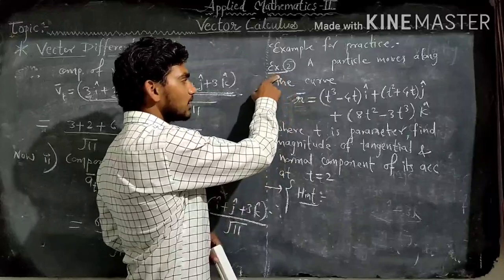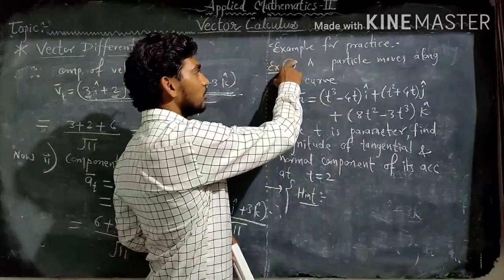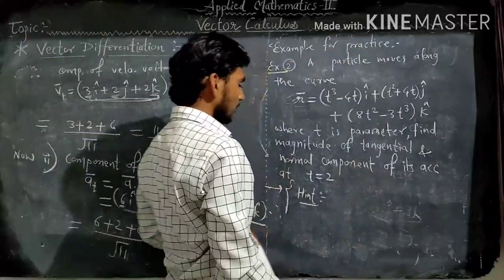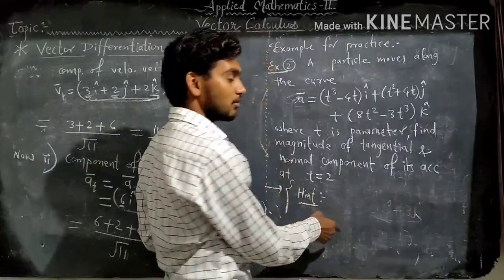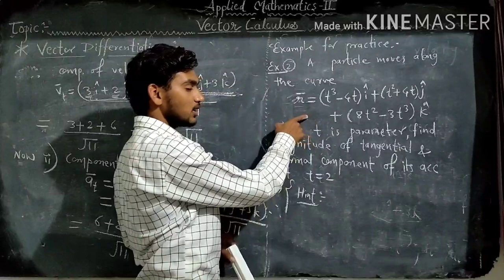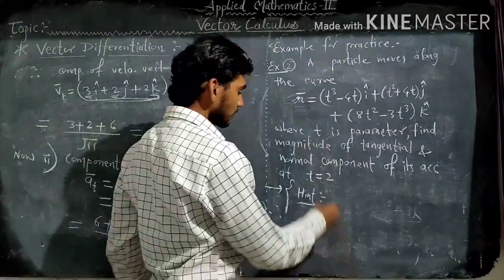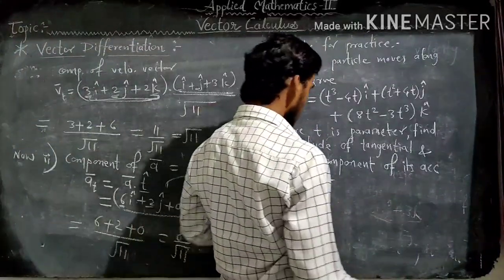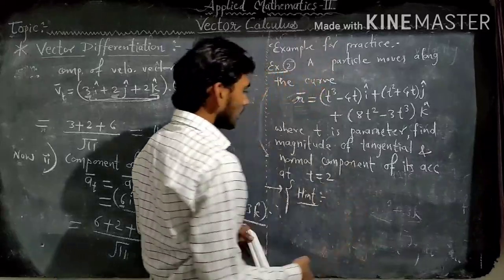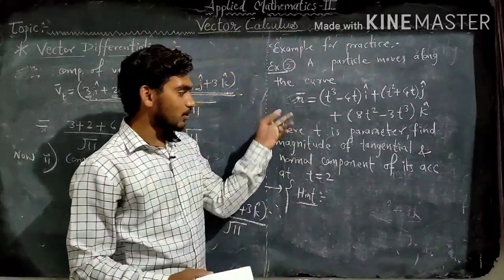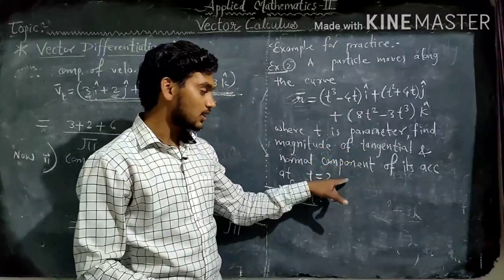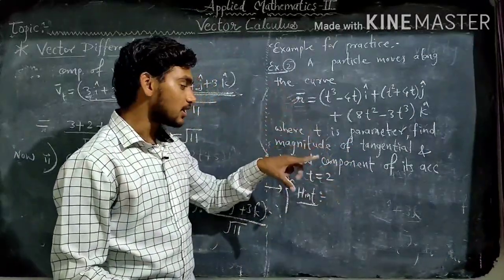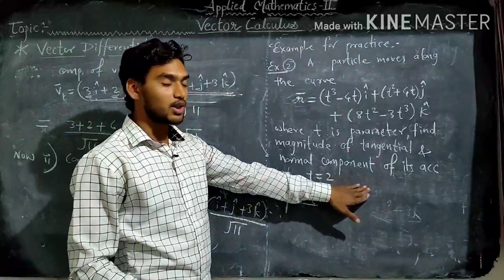Now the second example is for you for practice, but I am giving a hint for you. So what is the hint? First of all, pause the video and read the question carefully. The hint is that in the previous example we had to find the tangential and normal component of velocity and acceleration in the given direction, but here the direction is not given.